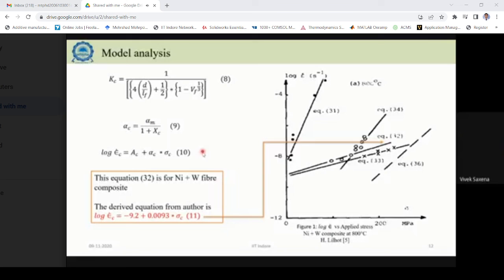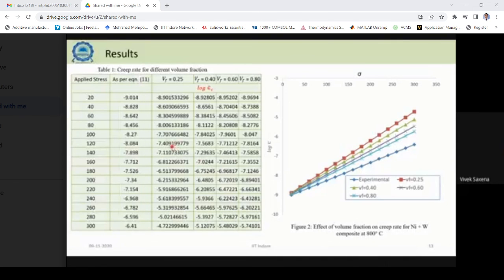Now, in my case, I followed this model, varied the volume fraction, and obtained various values of log epsilon with respect to the same applied stress, and obtained the same curve which was given by the author, just to find out the effect of change in volume fraction.